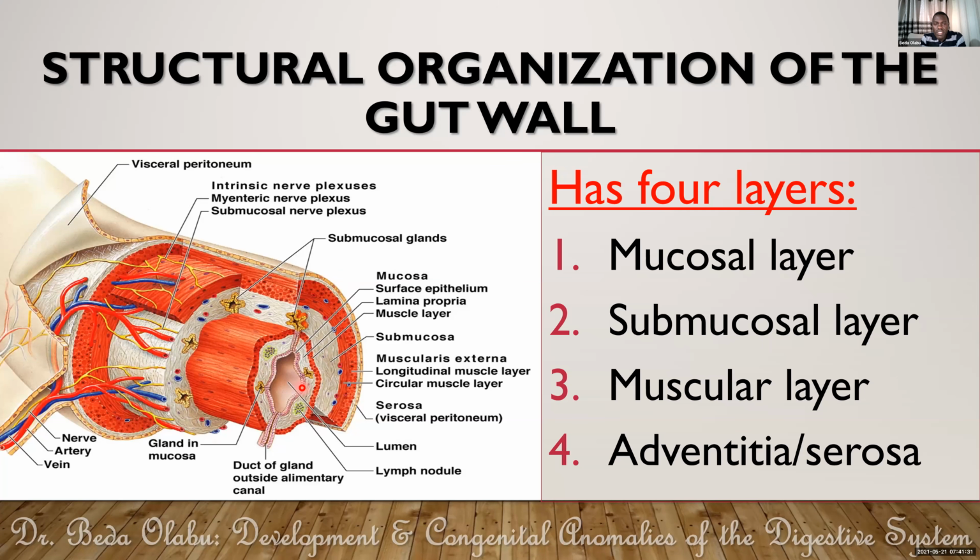Then the second entity is connective tissue. Remember, connective tissue is within the lamina propria as well as within the submucosa. The third entity is the muscular tissue, which could be part of muscularis mucosa or part of muscularis propria. And the last entity is neuronal tissue.